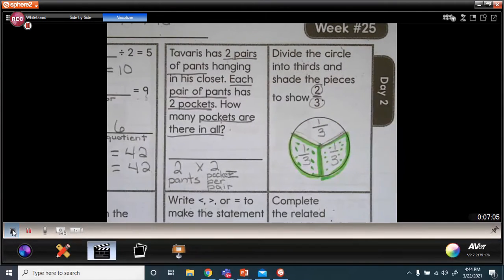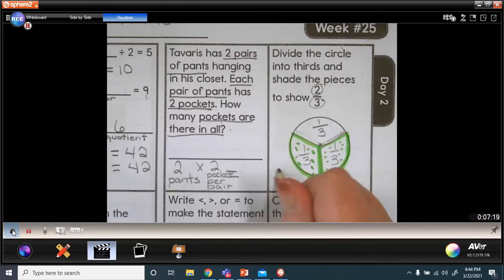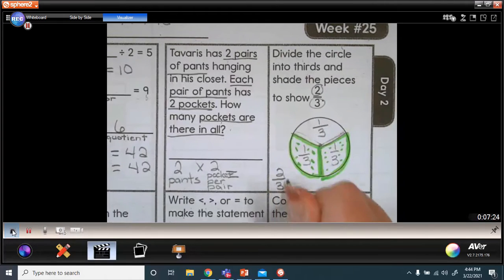using my numerator as my 2/3. Now remember, we can also make equivalent fractions when we are using thirds. And if you remember, and this is going to be your discussion question, if I have 2/3, what's an equivalent fraction to my 2/3?